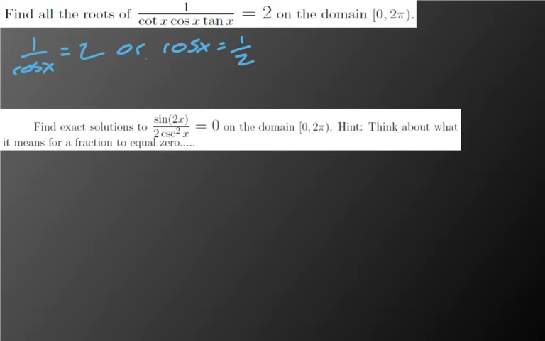If you just flip, if you do 1 over each side, it should still be equal. So cosine of x equals a half. Now, this is the point where you can kind of just think of the unit circle. And we got the all students take calc thing. And so we can't be in this quadrant or this quadrant, right? Because cosine's only positive in these two.